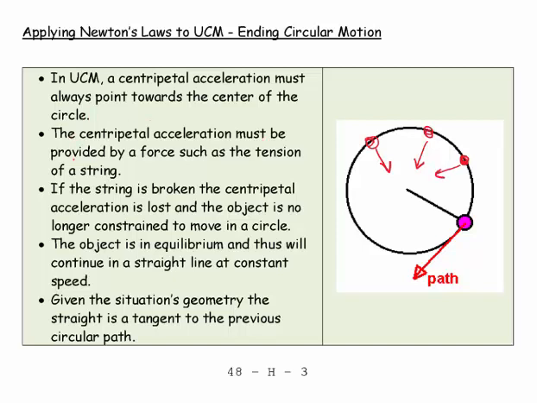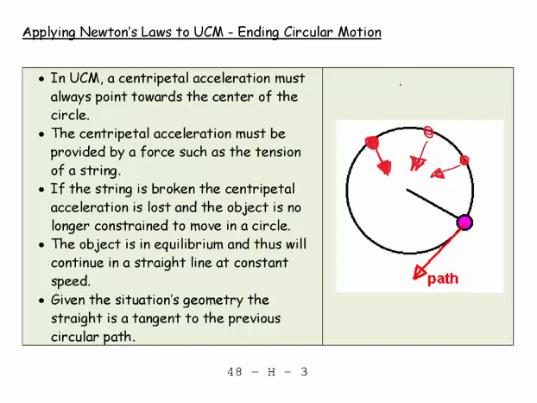The centripetal acceleration must be provided by a force such as a tension of the string. You don't get centripetal acceleration for free, you need some way of, if you like, paying for this centripetal acceleration.